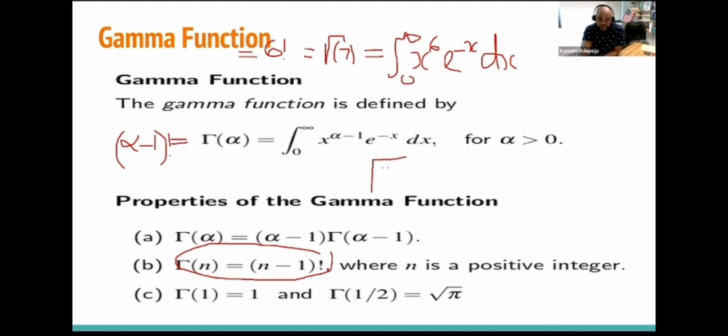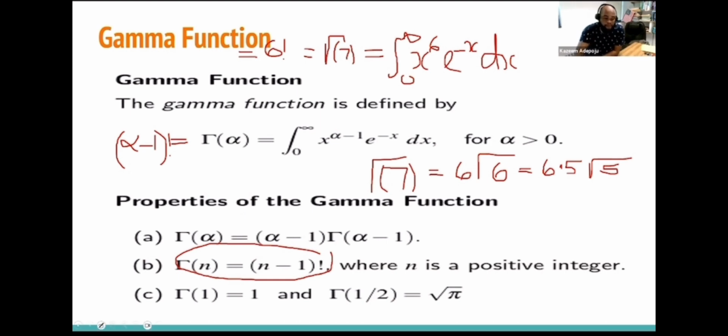Gamma 7 can also be written as 6 gamma 6, and you can go all the way where I have 6 multiplied by 5 gamma 5. This is going to continue that way.